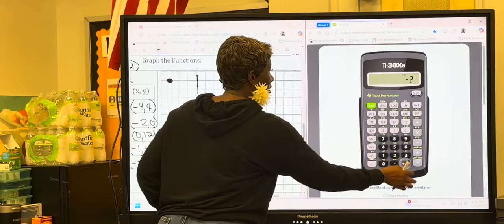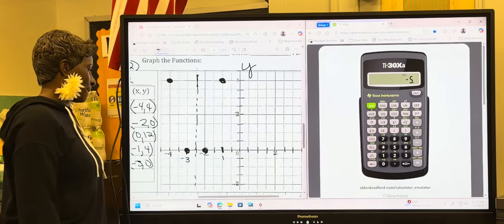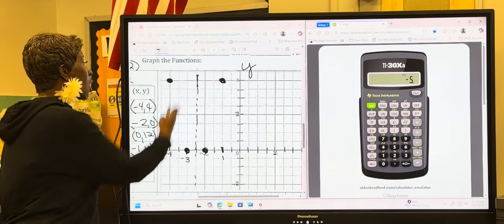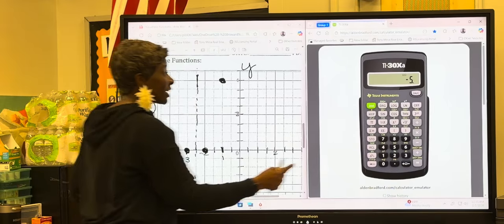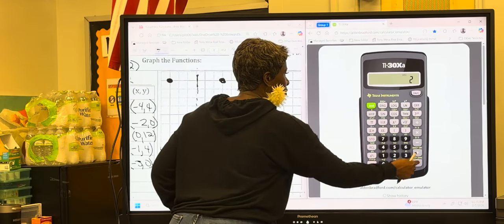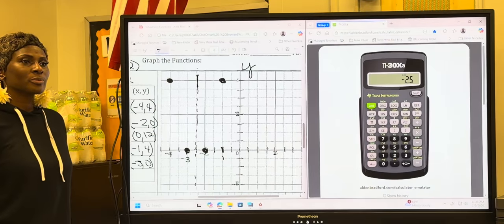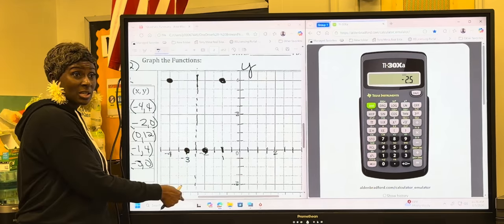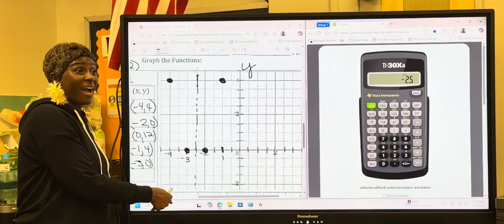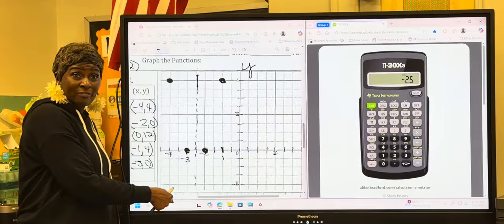So two negatives equals, what do we get? But I don't want that. I want what's in the middle of them, so I'm going to divide it by 2. What do you get? That's my vertex. It's going to be on -2.5. Are y'all with me? Is everybody following?